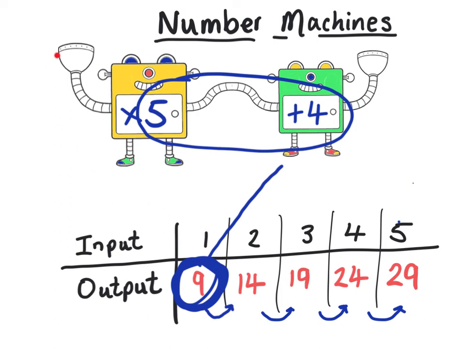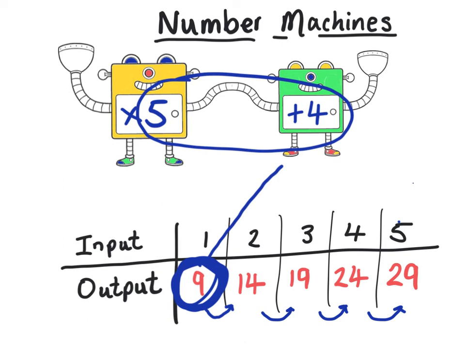So we put the number 1 into the machine, multiply by 5 is 5, add the 4 is the 9, tick. Let's just check with 2, times 5 is 10, add 4 is 14. So that's how we do it. So when we're given the numbers, that's how we work backwards.